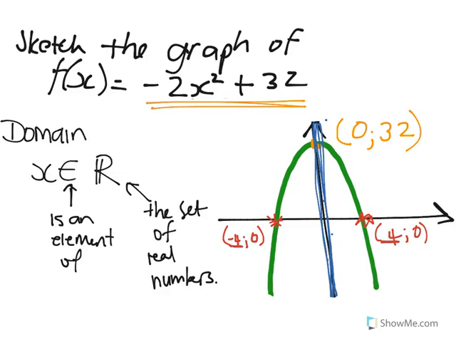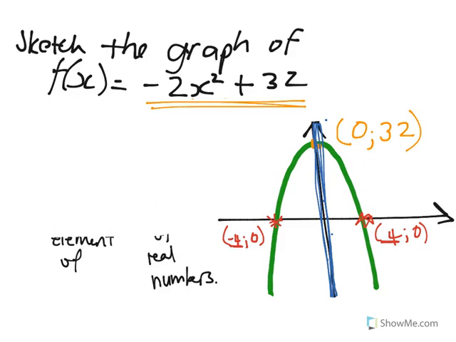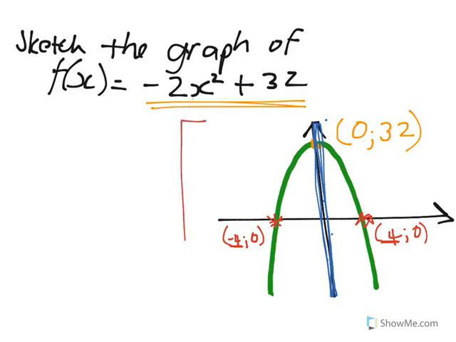When you talk about range, we're talking about the set of a particular function's outputs. So what are the possible outputs of this function? And this is one of the places where it's so glorious and beautiful to have the option to visualize a function using a graph. Because if you look at this graph, for example, the graph of the function y is equal to -2x squared plus 32, what you can see is that your outputs are capped at 32.